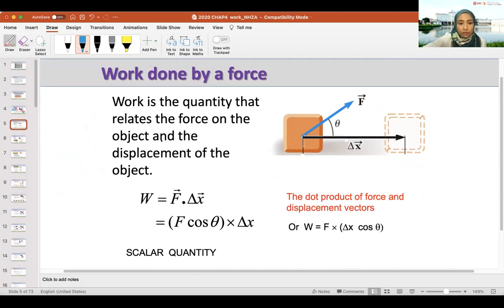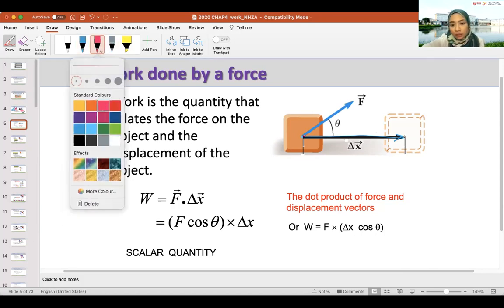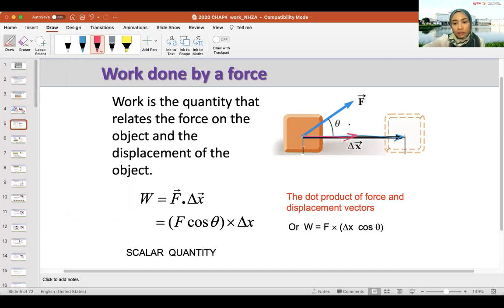Okay, so force on the object and the displacement of the object. So this object is moving by delta x. So there are two quantities that will tell us the work done, which is F, the component of F that is parallel to displacement. In this case it is F cosine theta.